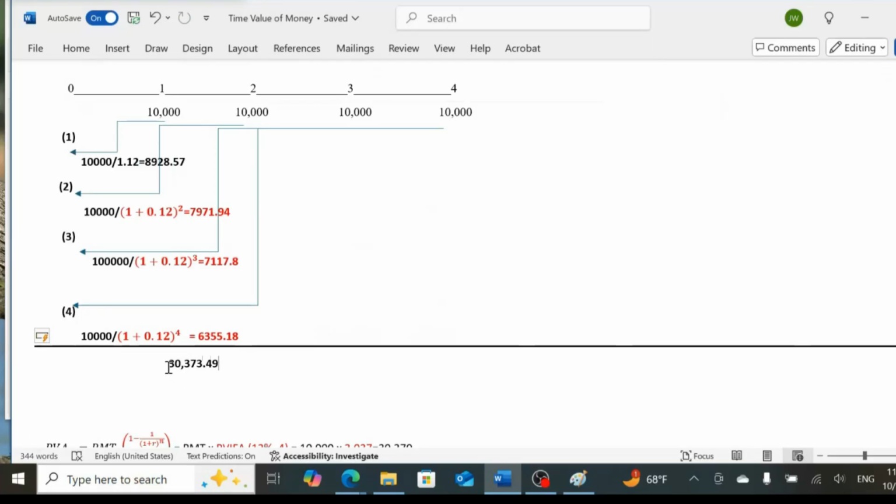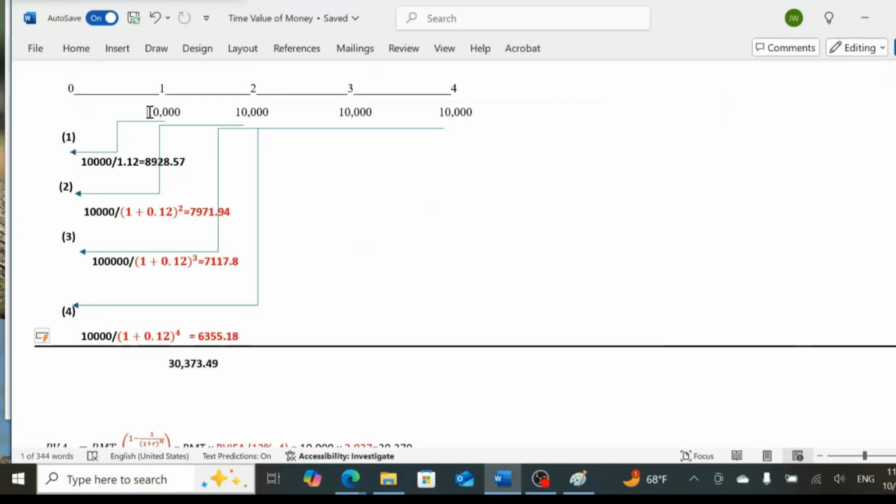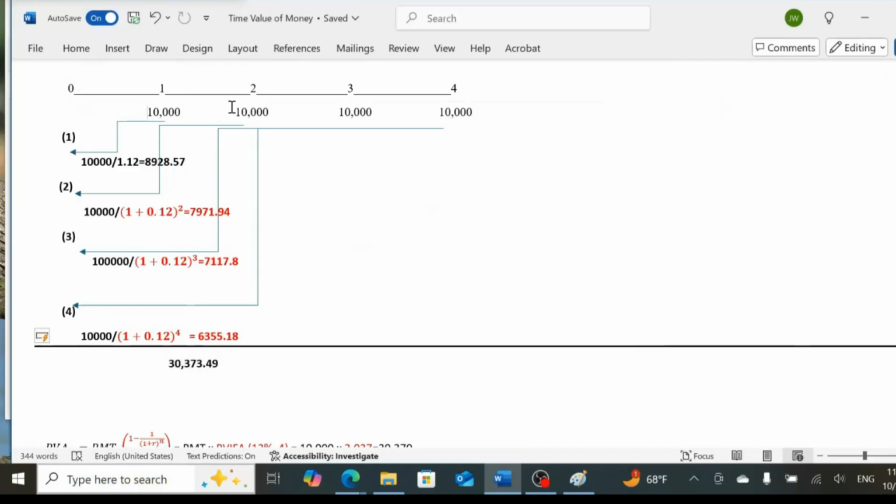Okay, so if the uncle gave you this today and you put it in the bank, if the bank gives you 12%, you can withdraw $10,000 every year for the next 4 years. After the last withdrawal, your account balance becomes 0.